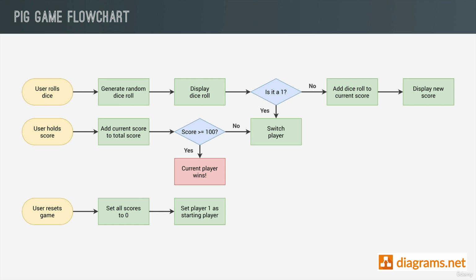Once that is done, we must check if the score is above or equal 100. Because as I said, the player wins whenever the score is at least 100 points, right? And if it's not, then we just switch the player and the game keeps on running. Finally, when the user chooses to reset the game, we simply set all scores to 0 and set the player number 1 back to being the starting player.